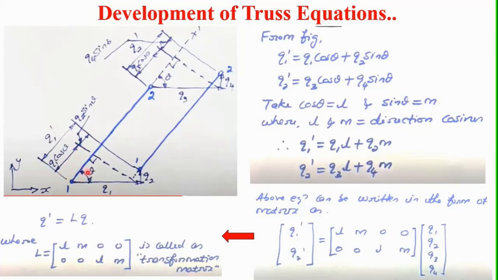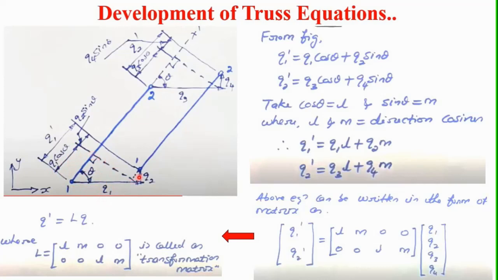As this angle is theta, cos theta is equal to this distance divided by q1. Therefore this distance is equal to q1 cos theta.